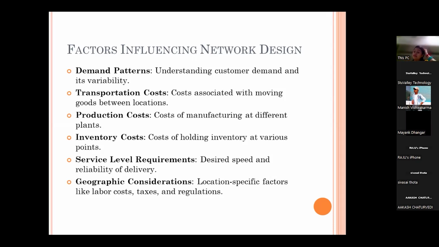Most industries and raw material are located in Gurgaon. Why? Because of the network design, this is how they minimize their transportation cost and also their production cost, because vendors are very cheaply available there. So these are the geographical considerations we will also take into account, like labor cost.